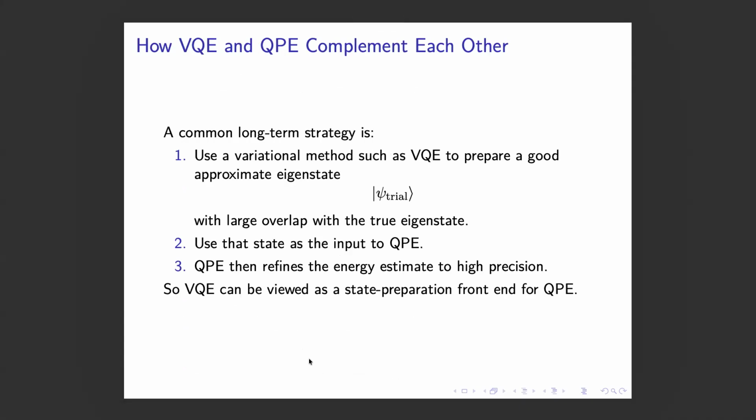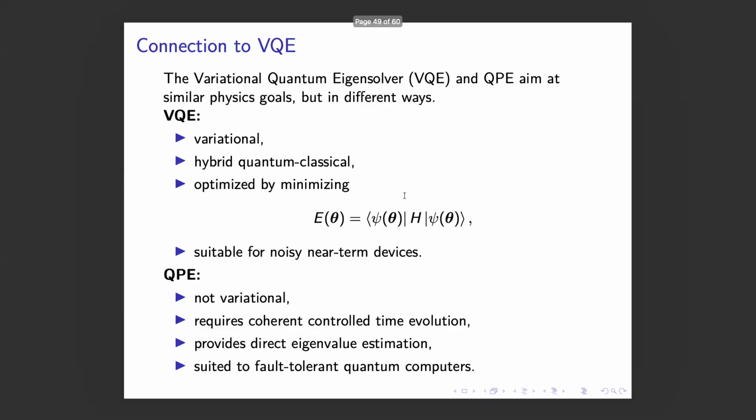So the VQE and QPE can actually complement each other. And this is a possible path for the second project. You can use a variational method such as the VQE to prepare a good eigenstate with large overlap with a true eigenstate. And you've seen that the VQE gives a pretty good estimate. Then you use that state as an input to the QPE. That's when you start the simulation with the Hamiltonian, because you have a time evolution. So you have a trial state.